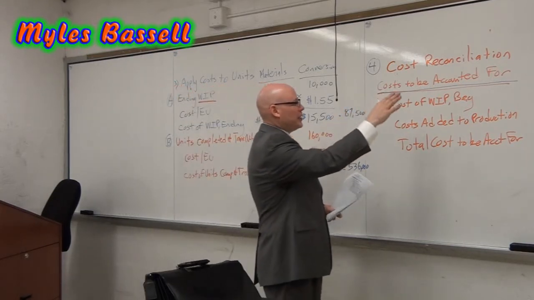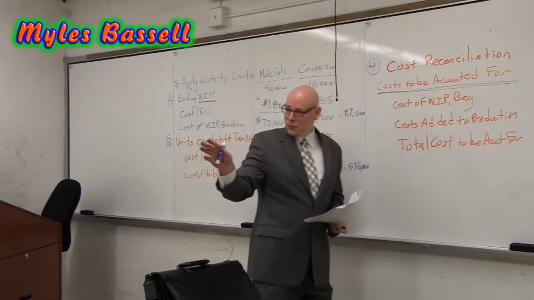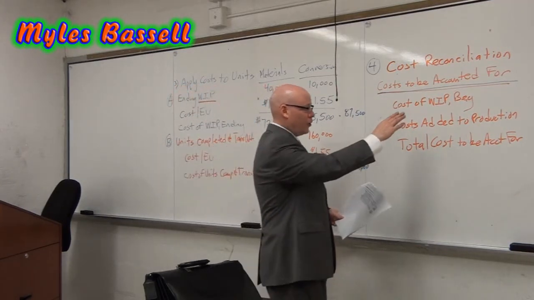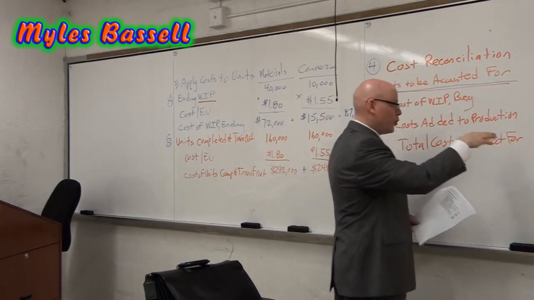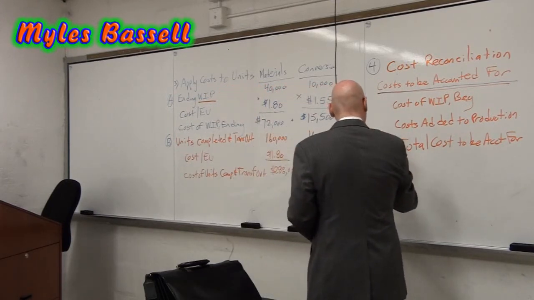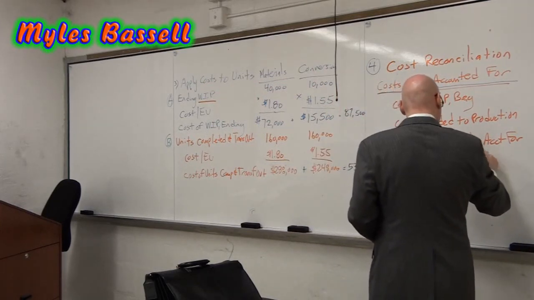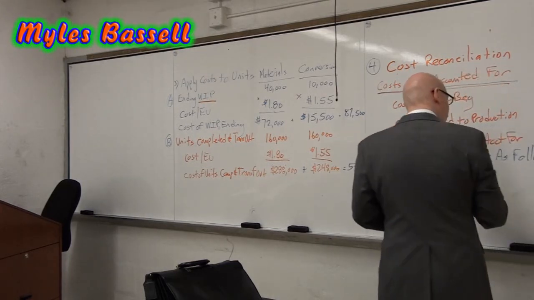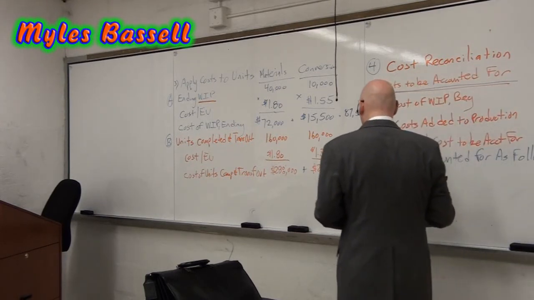Now when we're doing this reconciliation, you see it says the cost to be accounted for. So now let's see if we could account for these costs. We have the cost of the beginning WIP. We have the cost that we added to production to convert the raw materials. So if we did everything right, it should be this amount, 623,500.